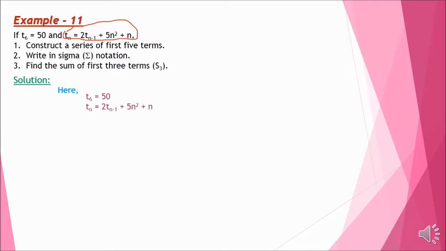Our first input will be n equal to 6, because Tn is defined in terms of a single n. If Tn is given with only n, then we start from n equal to the given value 6, isn't it? And if Tn is given in the form like n plus 1, then we have to start with one less value, so we must start with 5.